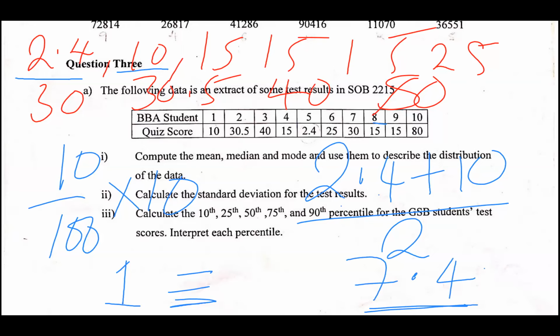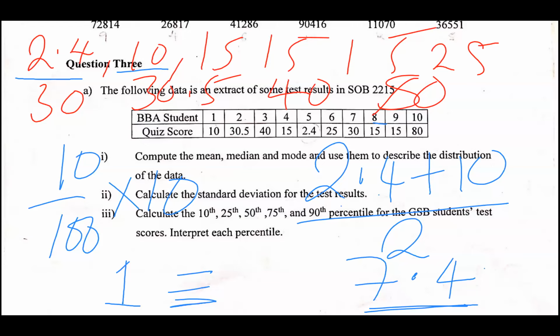So we are trying to divide this data set in terms of percentages. That's what percentile means. It shows that 10% of the values, 10% of the people, got 7.4 and below.